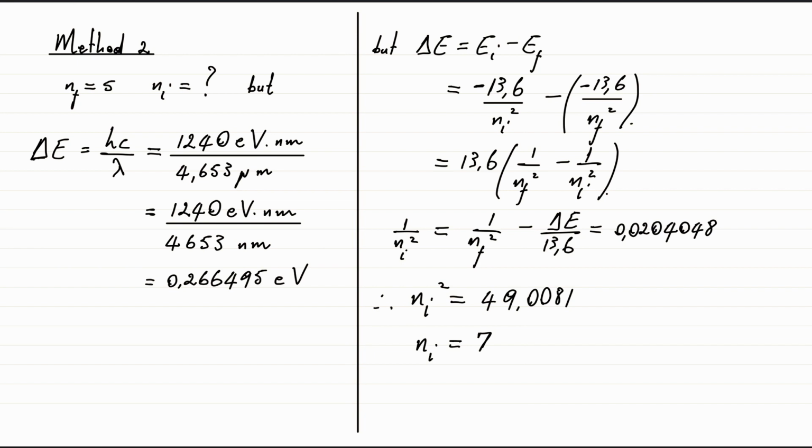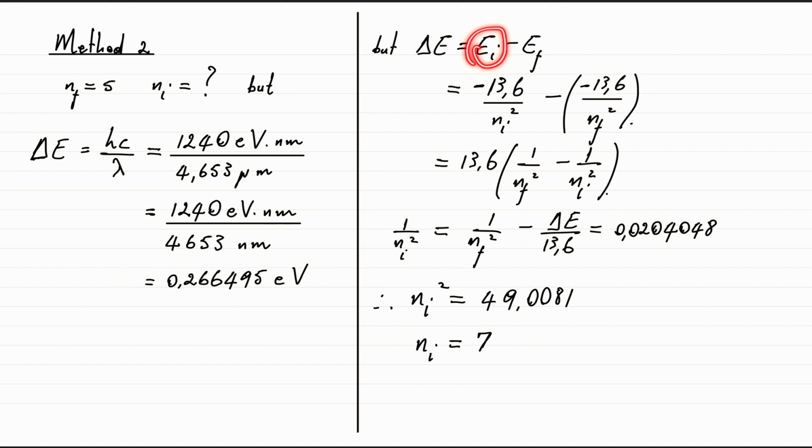Okay, so now, having learned that the difference between these two energy levels is given by this, we can then substitute that delta E on the left to be that 0.266. Okay, I see I didn't do it directly here. But let's go here.